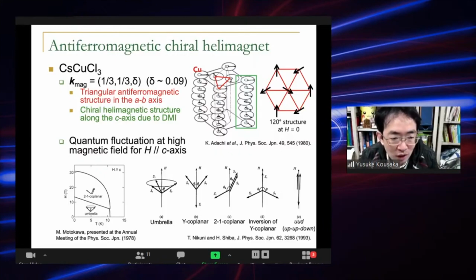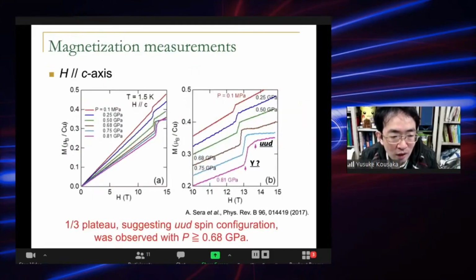But recently, we tried magnetization measurements under high pressure. In that case, we observed a new magnetic phase, the Y phase and maybe the up-up-down phase. At least it is clear that when we apply a pressure of around 0.7 GPa, the magnetization once saturates around 1/3 of the saturation value per copper.